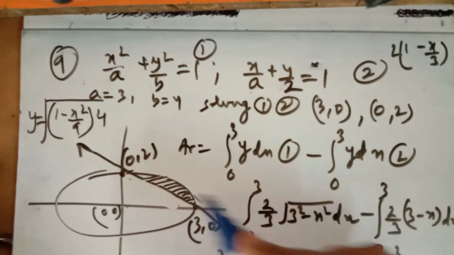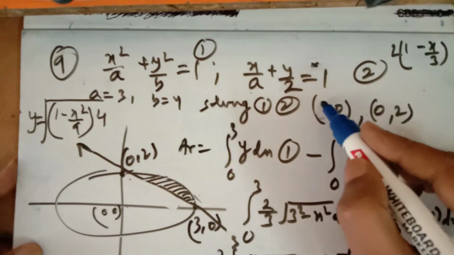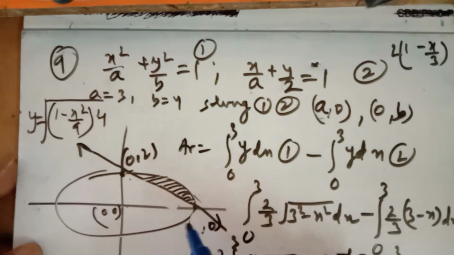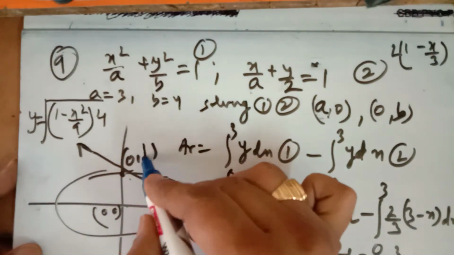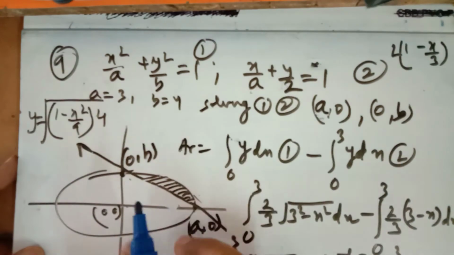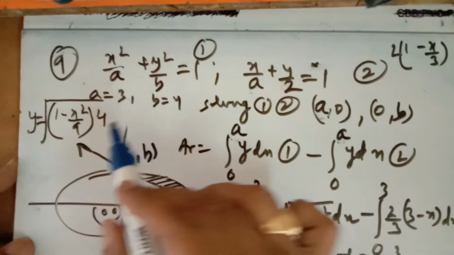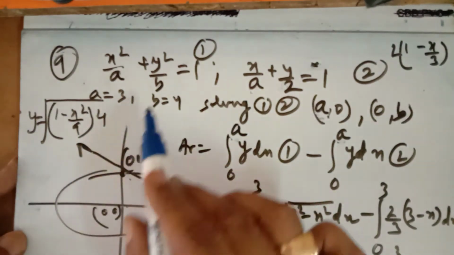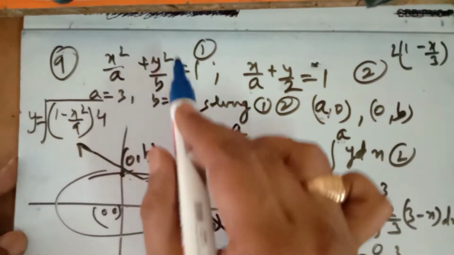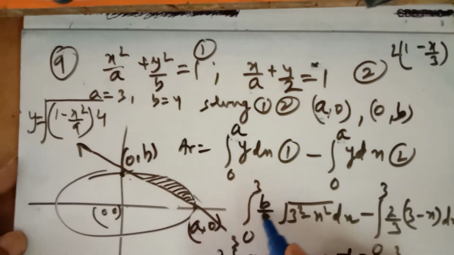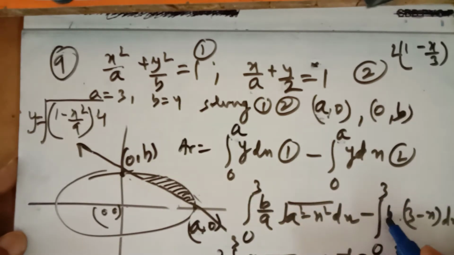Now when you solve them again by the substitution method, you will get the coordinates as a and here b. So it will be a and this is b. So simply you have to integrate from 0 to a. And when you obtain the value of y, you'll get b upon a. This is a, this is b upon a, this is a.